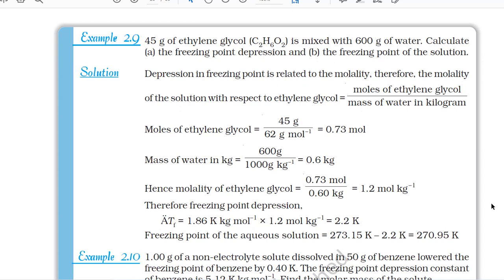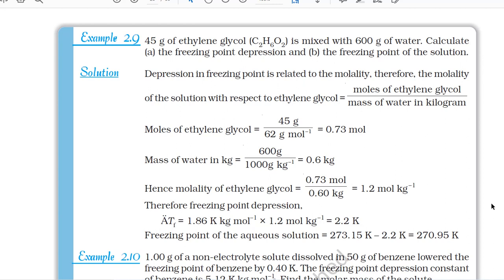Mass of water in kg is equal to 600 gram upon 1000 gram per kg, which is equal to 0.6 kg. Hence, molality of ethylene glycol is equal to 0.73 mole per 0.60 kg, which is equal to 1.2 mole per kg.